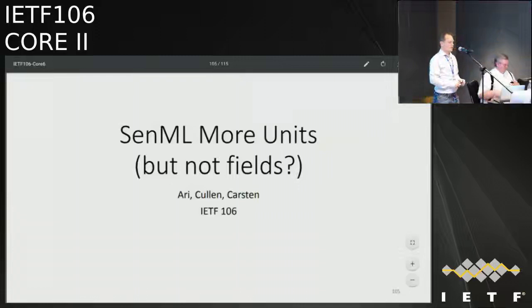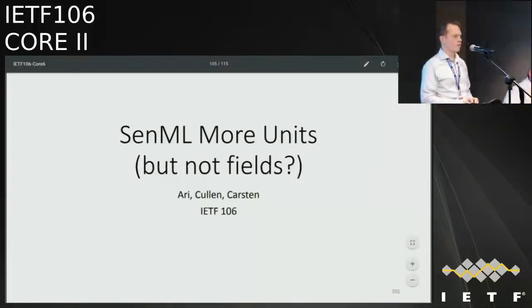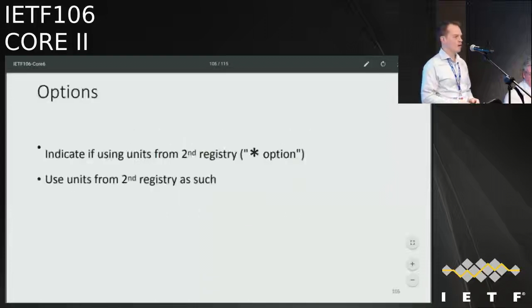Okay, so this is to continue the discussion we had in the previous core session about the more units and how and if and should we indicate the fact that there are different kinds of units that we are now proposing in the CNML units registry. So basically, we do have two options here.